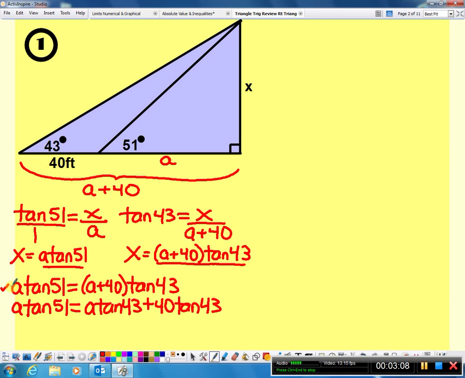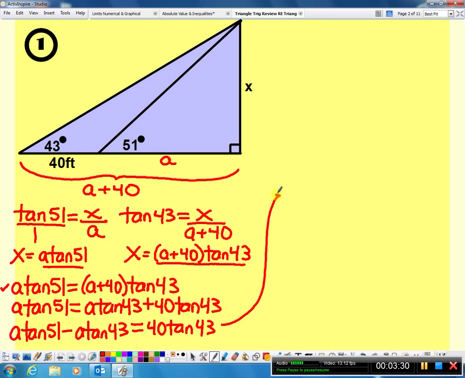Now, I notice that I need to solve for a. I have two terms with a in them. So what I want to do is bring the two a terms to the same side of the equation and leave the non-a term on the side by itself. At this point, and you've seen me do this before, we did this a lot in the exponentials and logs chapter, you need to factor a out of the left-hand side.